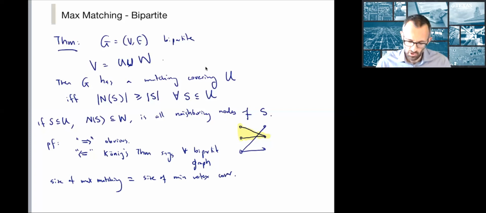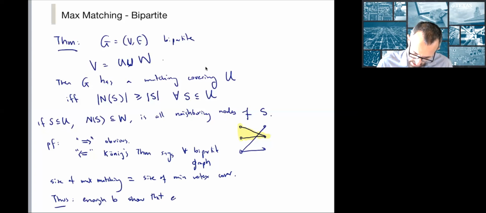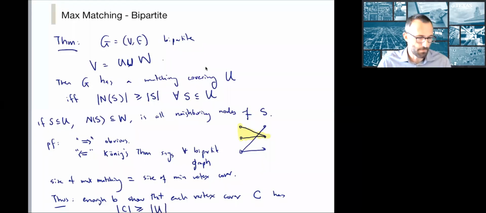So it's enough to show that each vertex cover C has cardinality bigger than or equal to |U|. Hopefully this is clear. Think about why it's enough to show this.